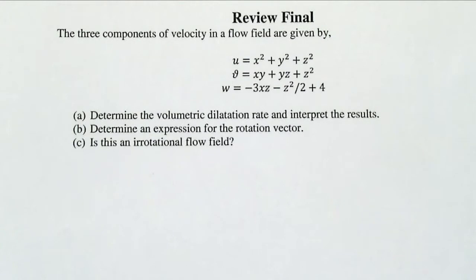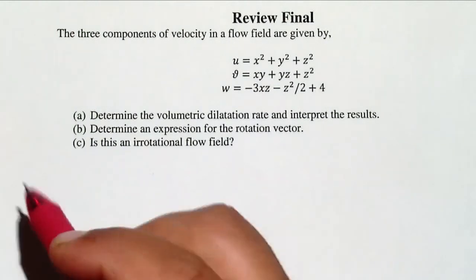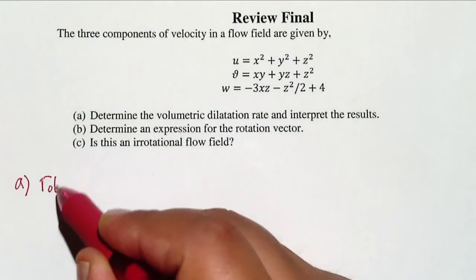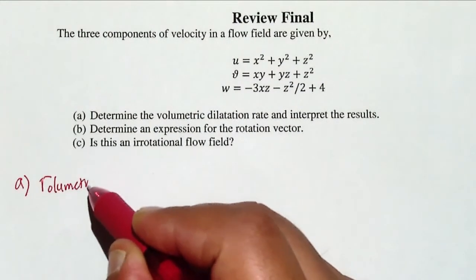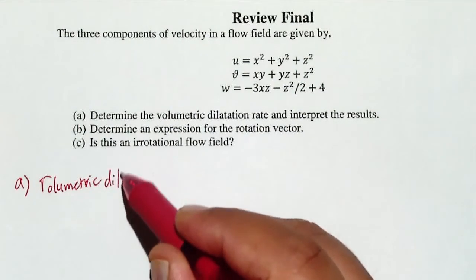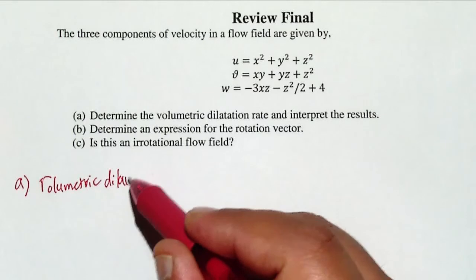Part B asks what the rotation vector is, and part C asks whether the flow is rotational or irrotational. So let's solve part A and do the analysis part by part. In part A, it asks you to find the volumetric dilatation rate.